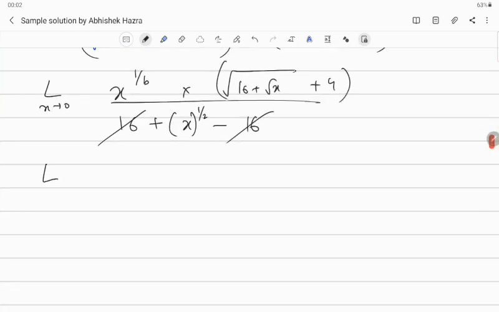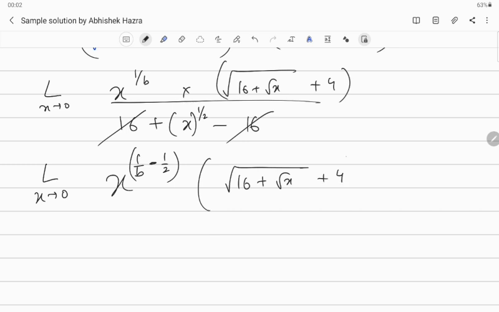So I am left with limit x tending to 0, x to the power 1 by b minus 1 by 2, because this is in the denominator, so the power will get subtracted, and this root 16 plus root x plus 4.